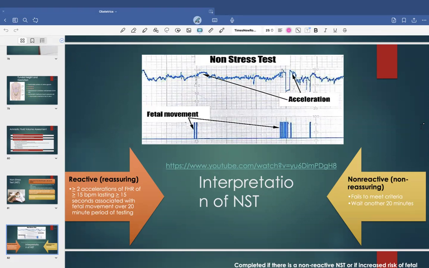The results for non-stress tests are either reactive, which is reassuring, or non-reactive, which is non-reassuring. You want a reactive stress test. Want it to be reactive. That is a reassuring sign. Reactive is what you're looking for on a non-stress test.